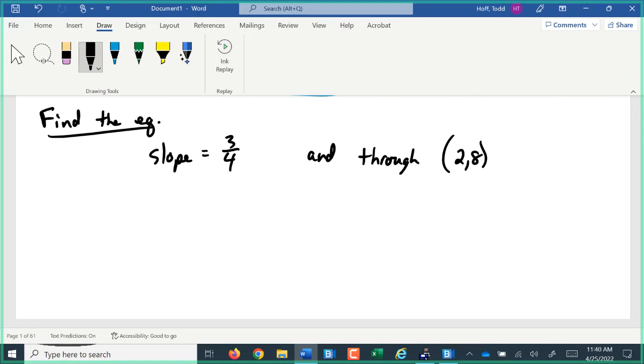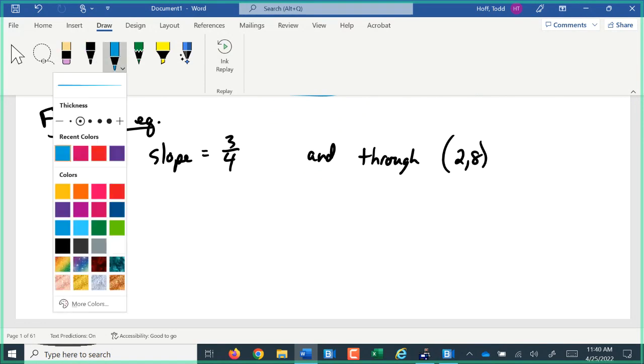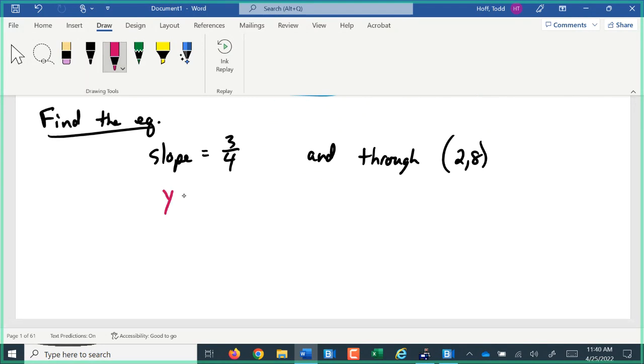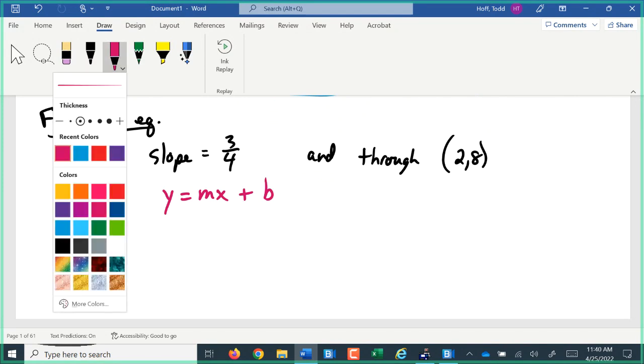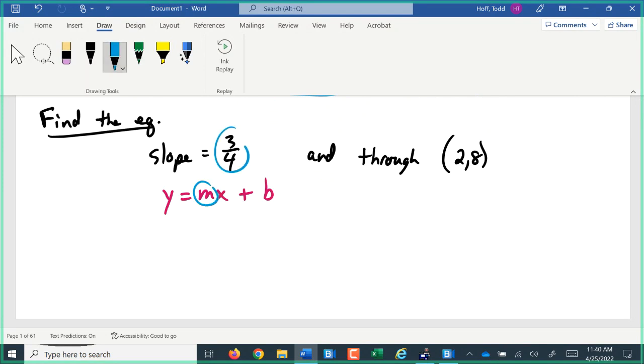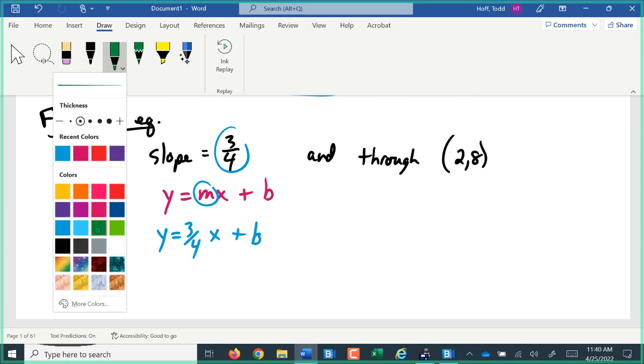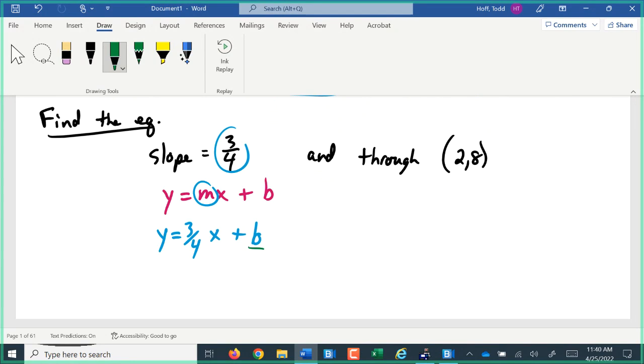Now there's actually a little bit of work for us to do. So we still start out with that form y equals mx plus b. And we do immediately have the m, the slope. So we can put this as y equals, replacing the m with 3/4, we get 3/4 x plus b. But we still need to find the value of that y-intercept, the b.